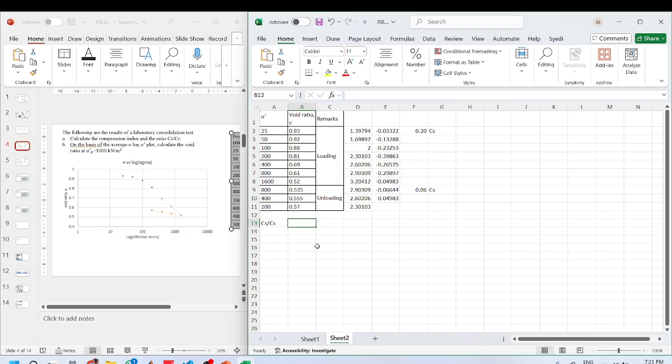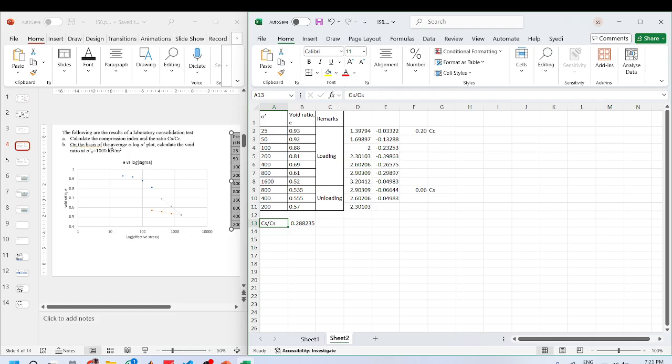I don't think it's going to be that difficult. But for scoring high, you have to practice from books, many books. Yeah, for scoring higher. So this will be your Cs over Cc.